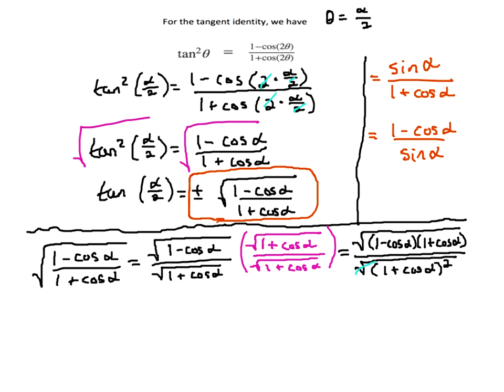Whenever you take the square root of something squared, it goes away. So what I have is equal to the square root of 1 minus cosine squared alpha. I just changed my (1 minus cosine alpha)(1 plus cosine alpha) back into its difference of squares form. Was that too much of a leap without showing that distribution, Katie?